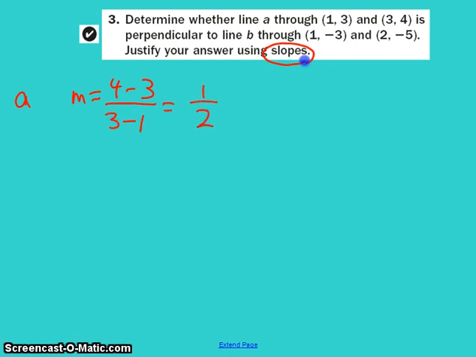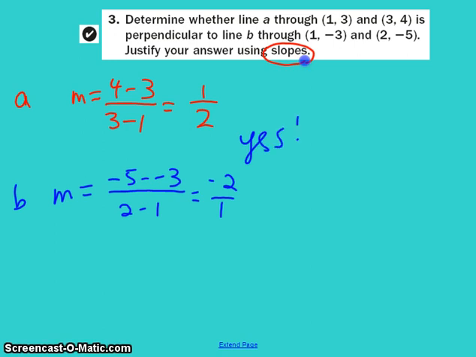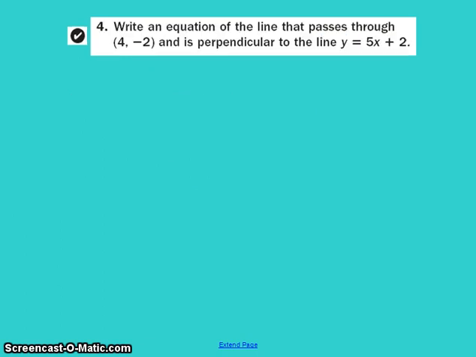So the slope for line A is 1/2. The slope for line B, using those two ordered pairs, (-5 minus -3) over (2 minus 1), -2 over 1. Are those negative reciprocals? Yes. Got a little excited about my E there. Yes, these are perpendicular because my slopes are negative reciprocals.